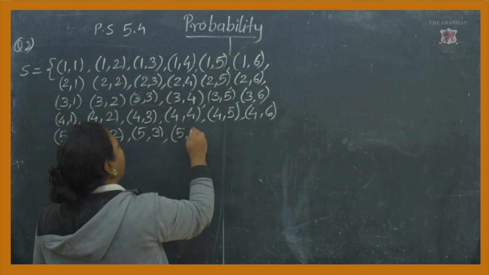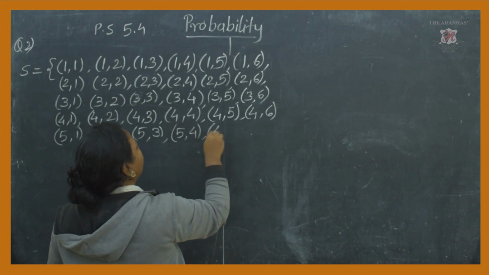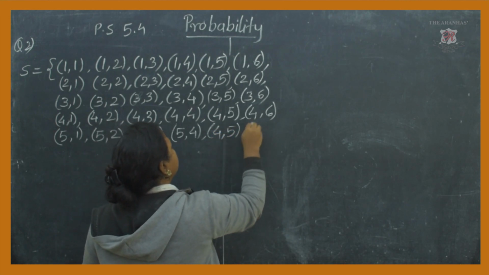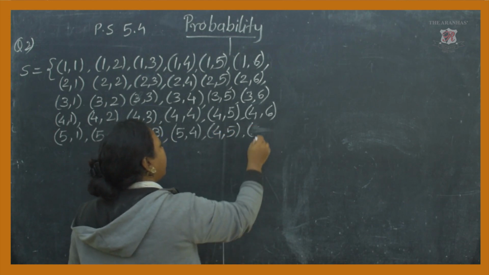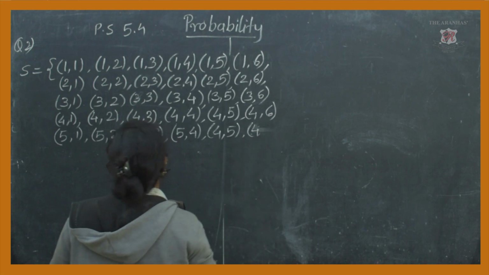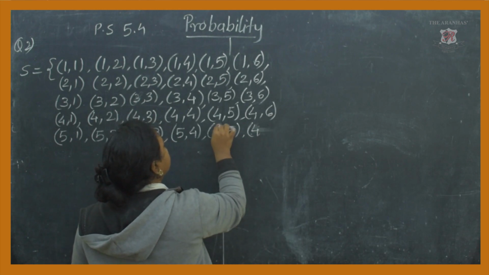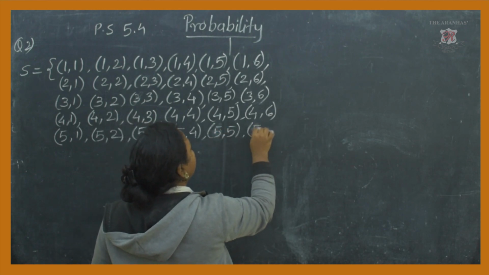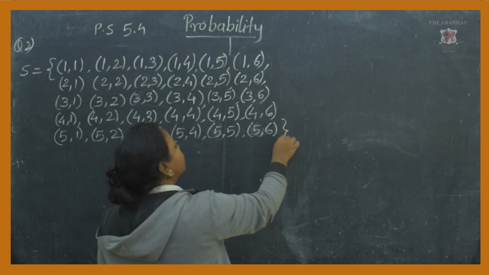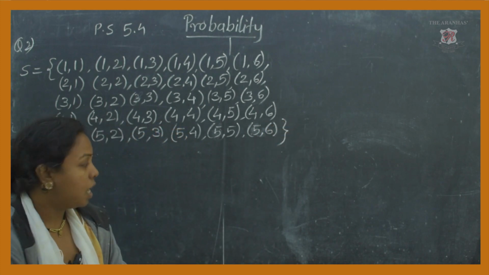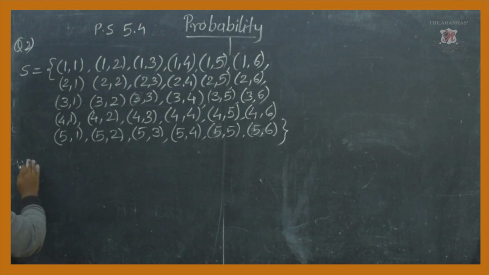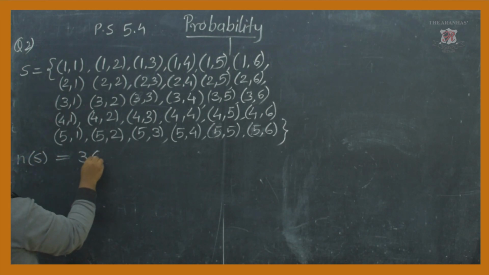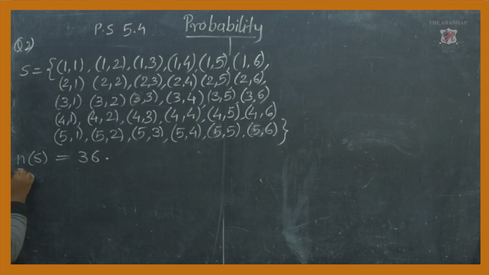If you know that, that is okay. If you don't know, you have to calculate that sample space. How to calculate that? You can see in the previous period where I solved such questions to calculate sample space. Now if you calculate all such sample points, N of S is 36 in number.